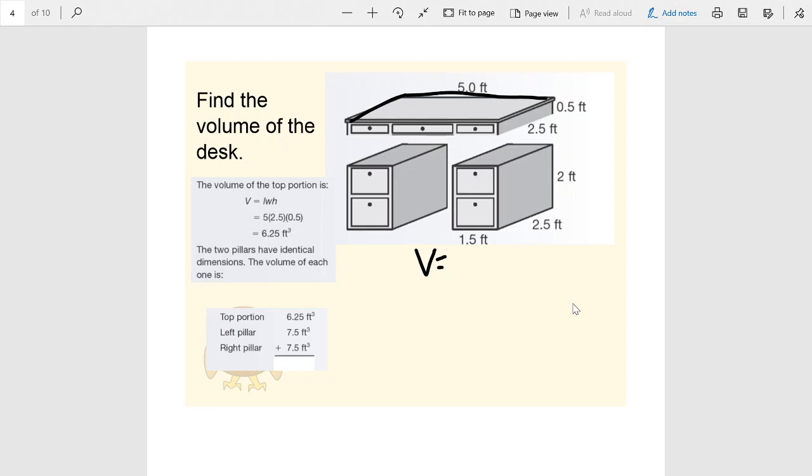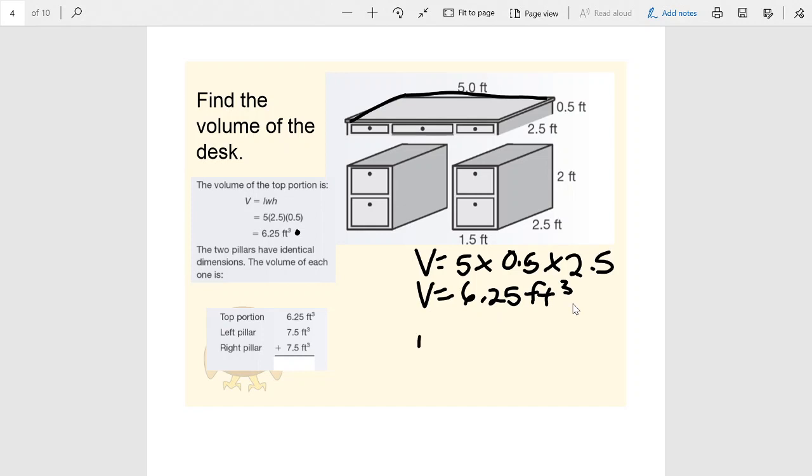I'm just going to do the simple length times width times height. So 5 times 0.5 by 2.5. We get a volume of 6.25 feet cubed, since we're in volume. And then we can look at the second shape.